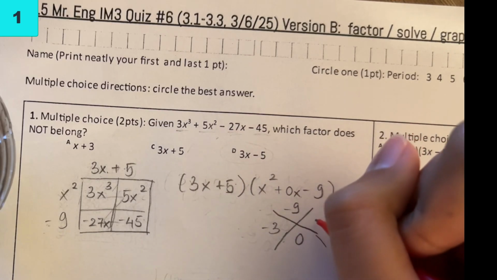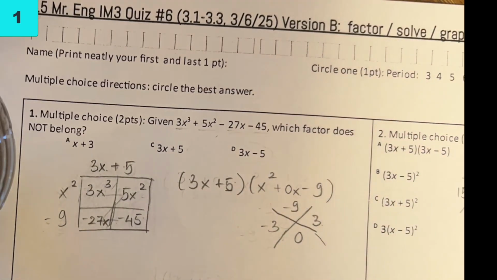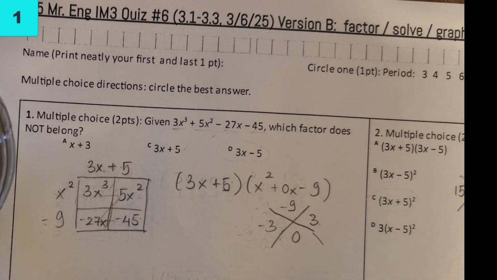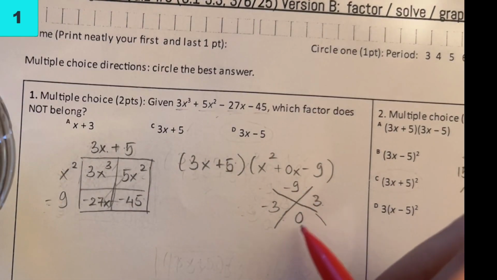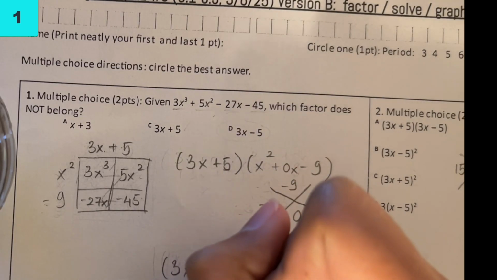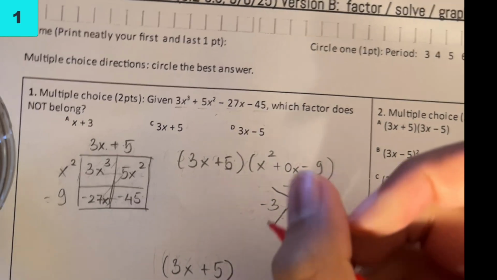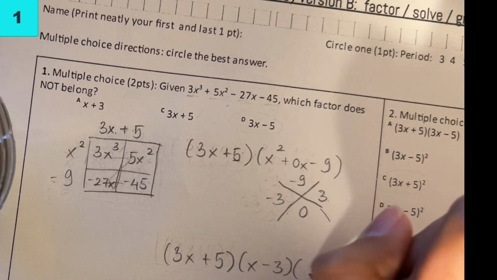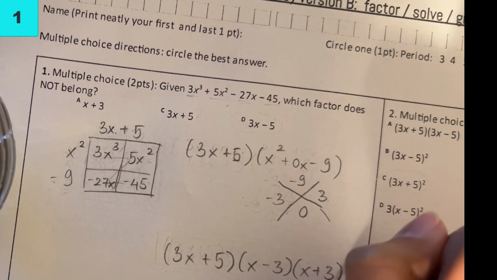So we got negative 3 and 3 because negative 3 times 3 is negative 9 and negative 3 plus 3 is 0. So we have 3x plus 5 times x negative 3 and times x plus 3.